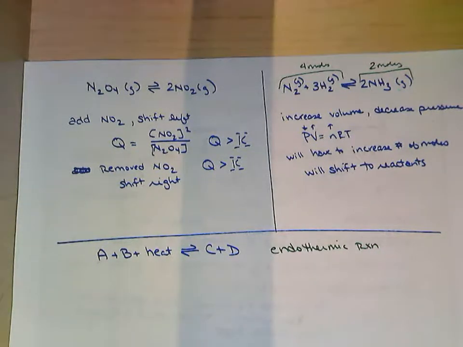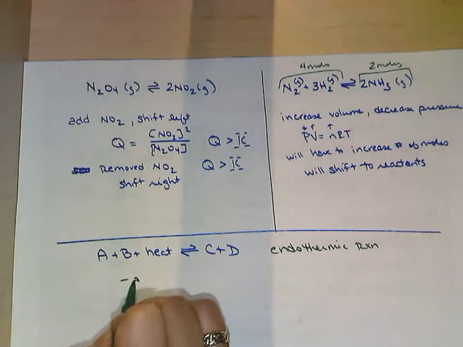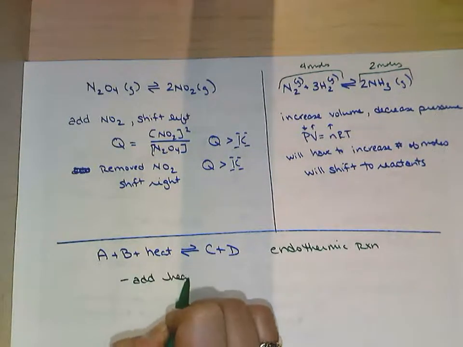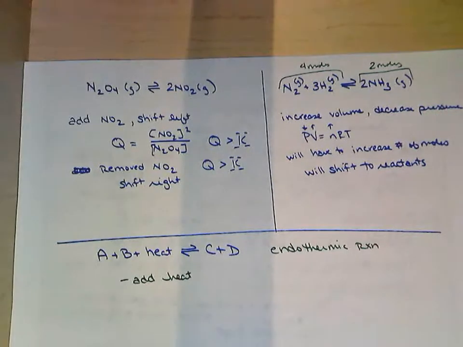So if it's endothermic and I add heat, heat is really a reactant in this case. So if I'm adding heat, I'm adding a reactant, which will shift the reaction to the right.